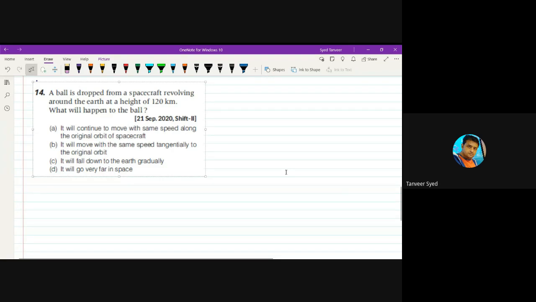What will happen to the ball? It will continue to move with same speed along original orbit. It will move with same speed tangentially to the orbit. It will fall down to Earth. It will go very far in space.